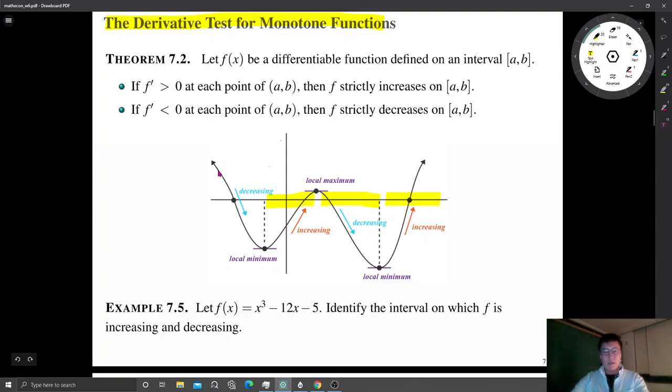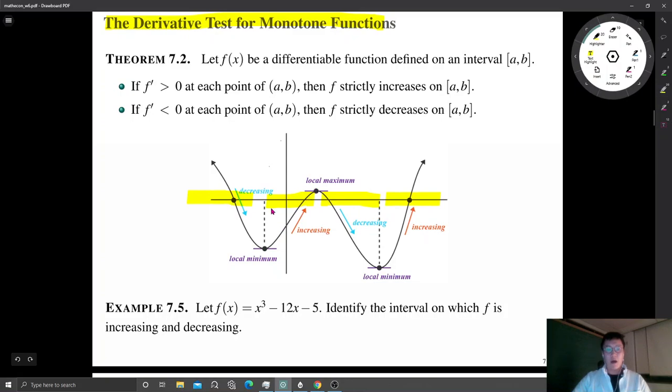All right. Because the derivative delivers information about the slope of the tangent. Whenever a function is decreasing, we can see that the slope of the tangent will be negative. So in other words, the derivative must take a negative sign in this interval. But between these two points, local minimum and local maximum, the function is increasing.